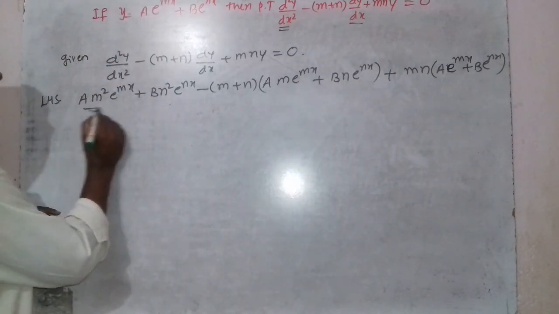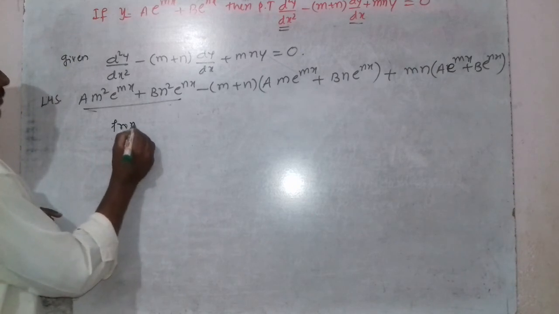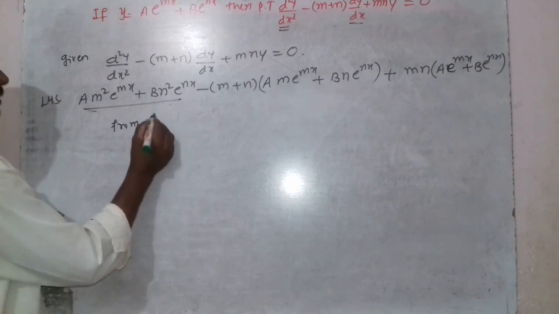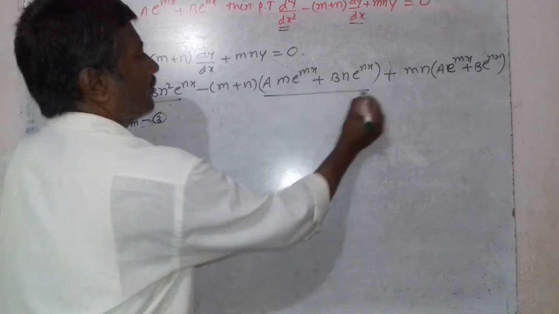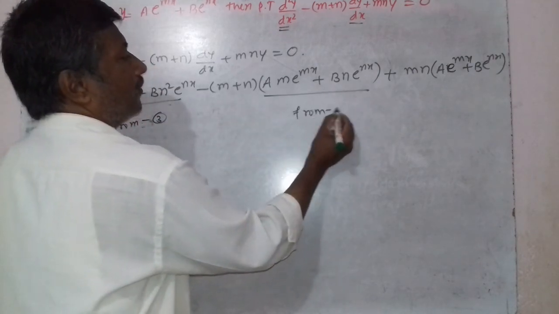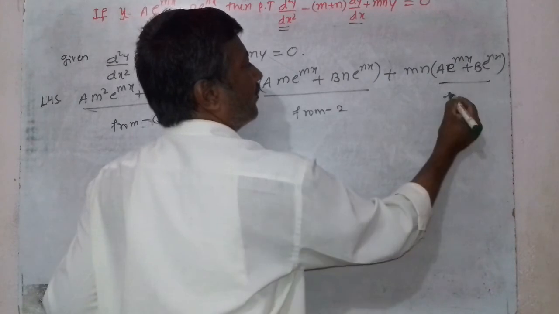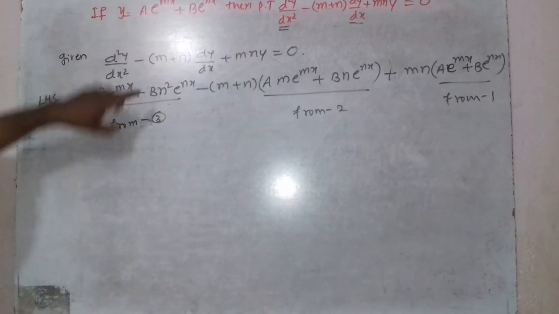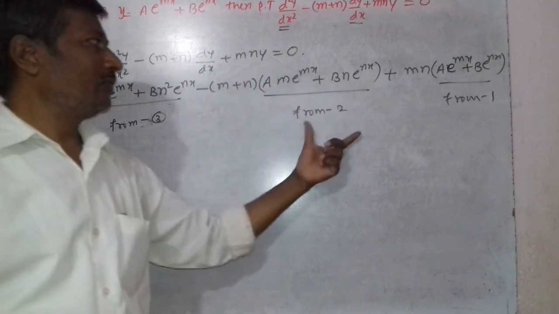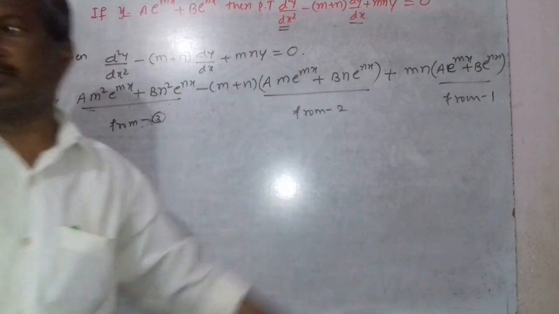So this is d square y by dx square value from 3. This is from 2. This is from 1.